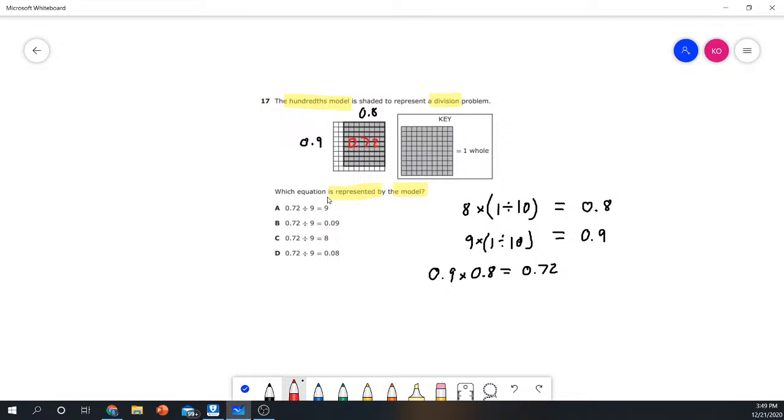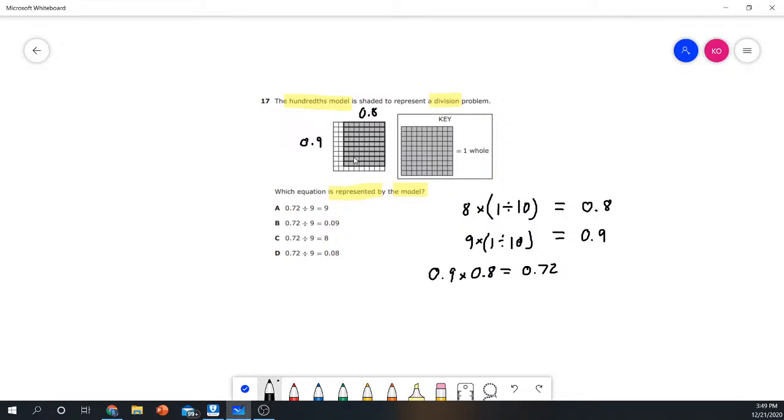So, which equation is represented by the model? Let me just erase that really quickly. We see that this shaded area is divided by these black lines, and they divide the area 9 times, 1, 2, 3, 4, 5, 6, 7, 8, 9.